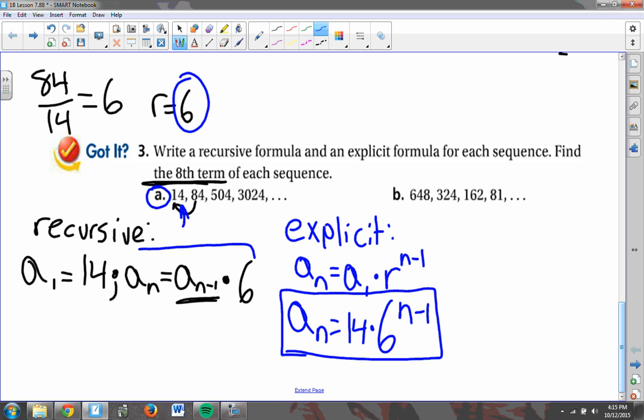Right? So there's my two formulas, my two definitions, and you can use either one you want to find the eighth term of the sequence or whatever term it asks for. But usually it's going to be easier to use the explicit formula in our calculator. Okay?